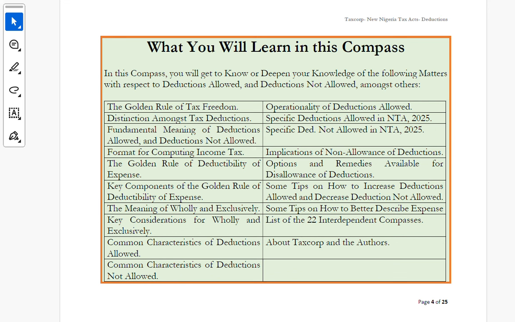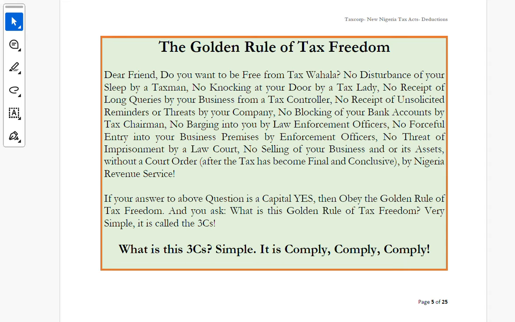Some tips on how you can increase deductions allowed and decrease deductions not allowed. Some tips on how you can better describe your expenses. List of the 22 interdependent compasses about tax corp and the authors.